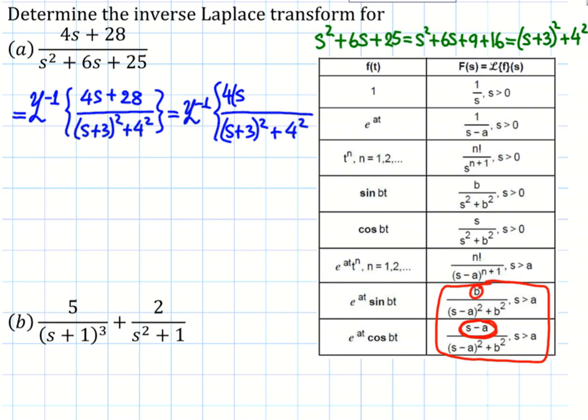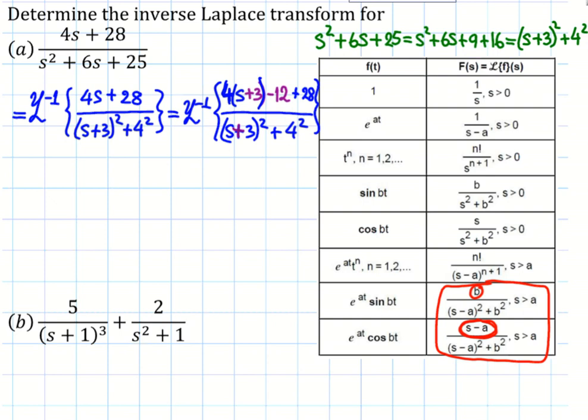Whatever that is has to be the same as the plus 3 here, so I'm going to say s plus 3. Now we cannot just add 3 to the problem like that, because 4 times 3 will be 12. So essentially we add 12 into it, so we have to subtract 12 back to keep it in balance, and then with plus 28.